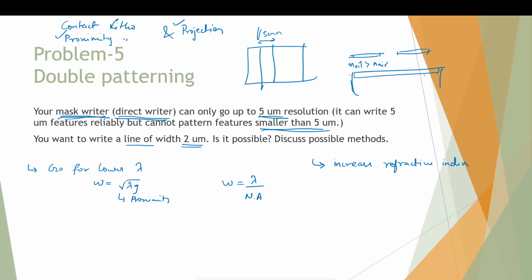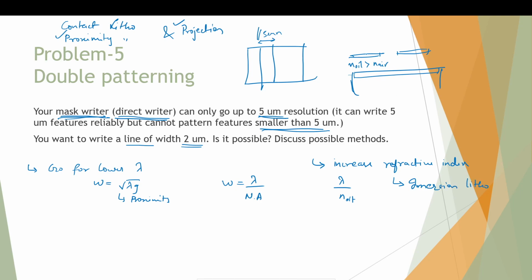Then the effective wavelength will become lambda over n. Earlier n air is 1, so it is lambda, but when we put something like oil, it becomes n oil. Since n oil is greater than n air, lambda by n will reduce. So the effect will be similar to going to lower wavelengths. This is called immersion litho.